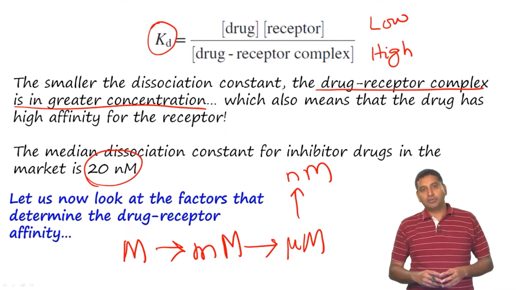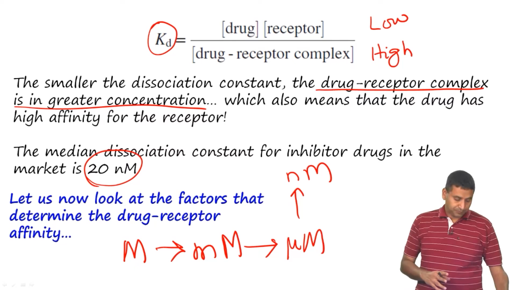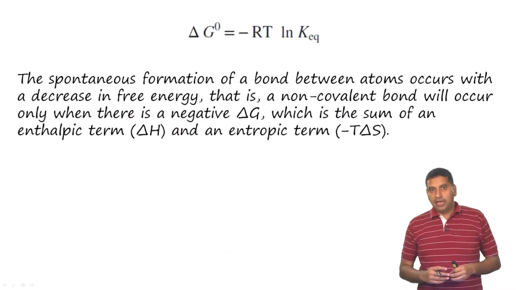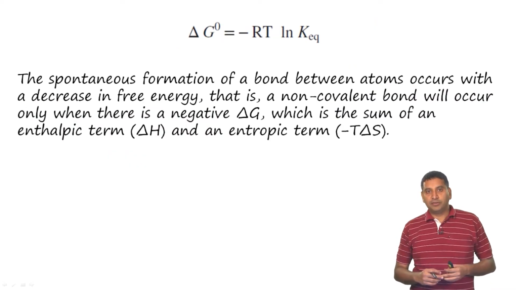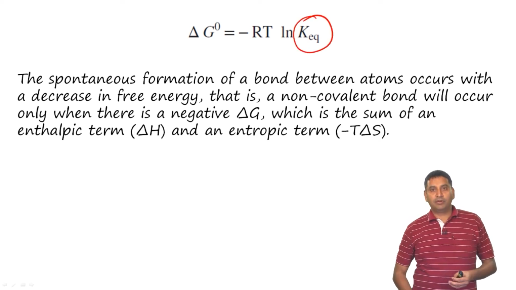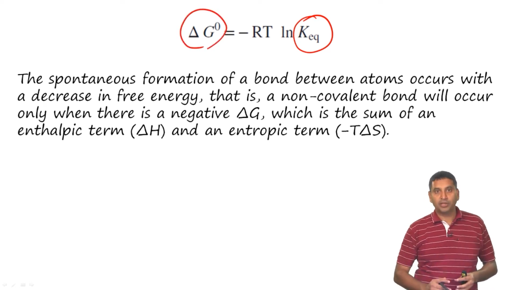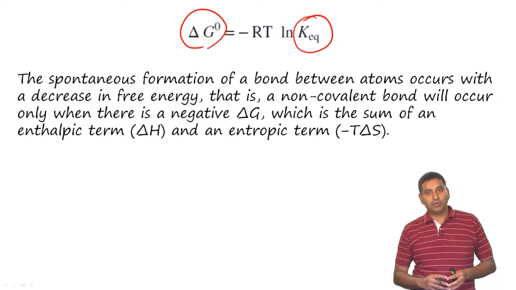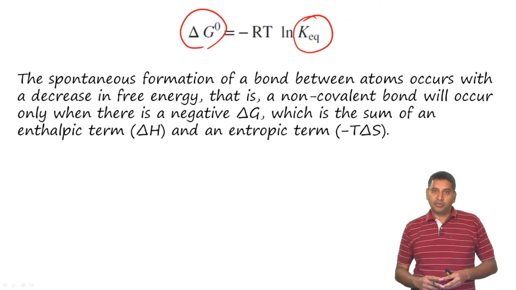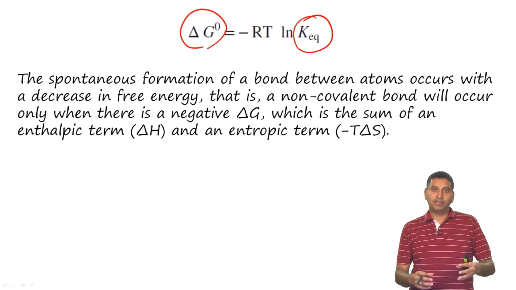Now, let us look at some of the factors that determine the affinity of the drug to the receptor. And before that, since it is an equilibrium constant, K equilibrium, as we have studied in fundamental thermodynamics, the equilibrium constant is related to the free energy by the following equation: delta G naught equals minus R T ln K. So, the spontaneous formation of a bond between atoms occurs with a decrease in the free energy.